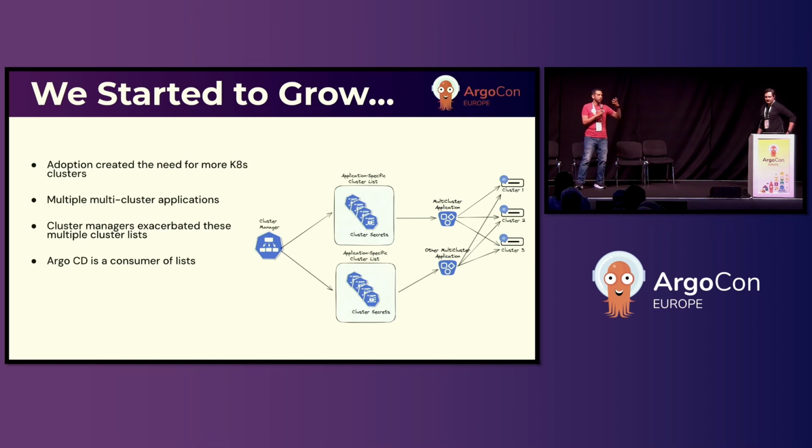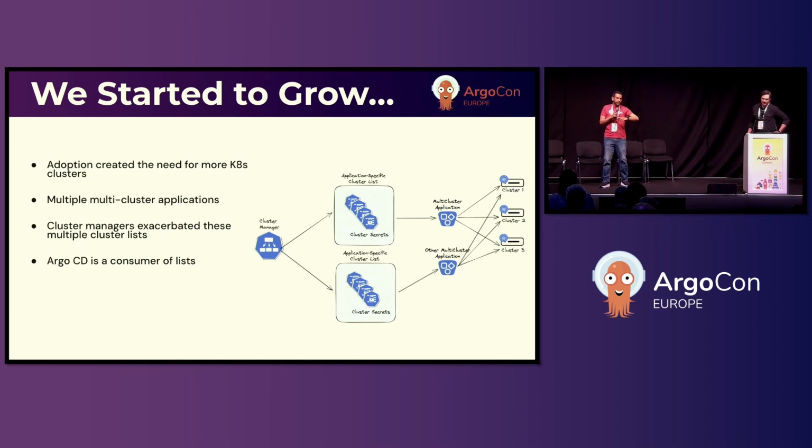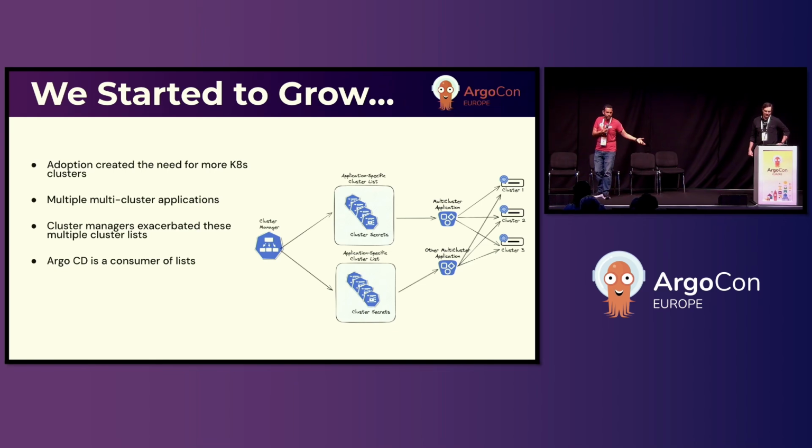And so then we started to grow, right? With adoption of Kubernetes and adoption of multi-clusters, we needed more Kubernetes clusters. So we have this idea of some sort of cluster manager where you're creating multiple clusters dynamically. In the open source community, they have Cluster API, which was kind of a big thing, and each CSP has their own way of generating multiple clusters.